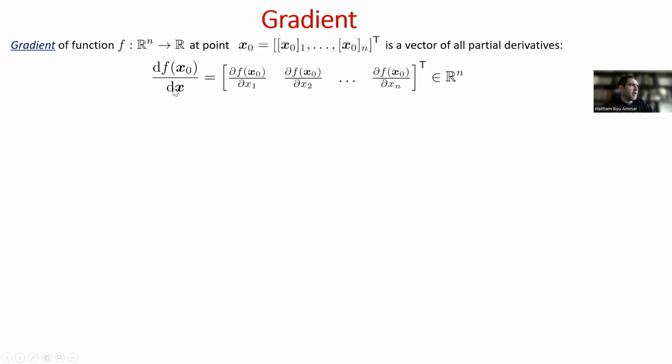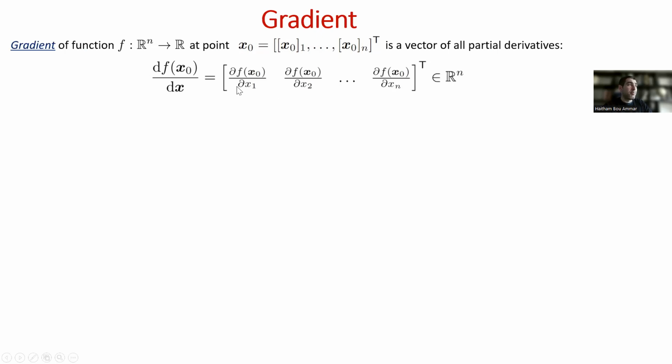So this gradient, keep in mind, is not a number as in the univariate case, but it's actually a vector. And the size of the vector is equal to the size of the domain of the function. So if your function takes the input from the n-dimensional Euclidean space, the gradient will also be n-dimensional.